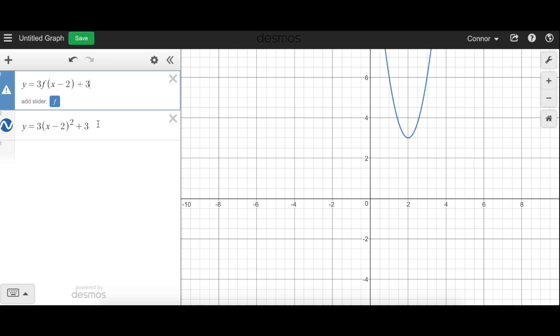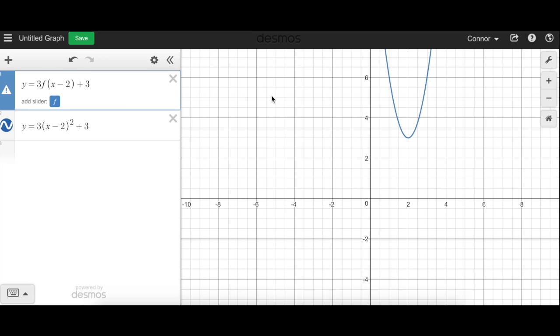And you can tell that this is quadratic because of this 2 right here in the exponent. You can never tell what graph it is until there is some defining feature about it. So this function could be a quadratic or a cubic or a square root or any sort of graph in the world.